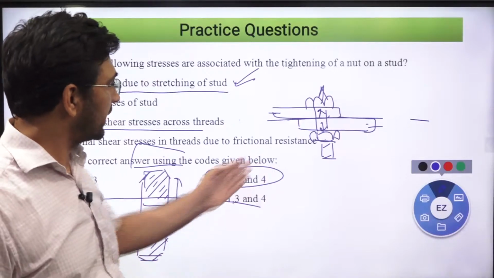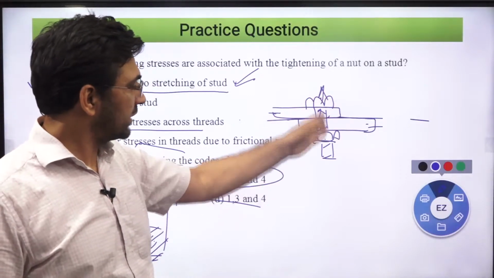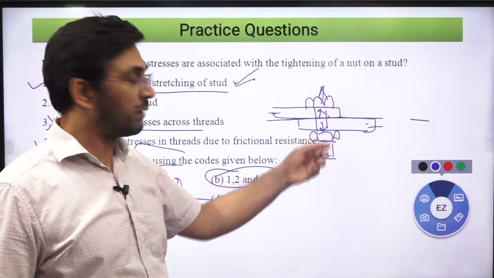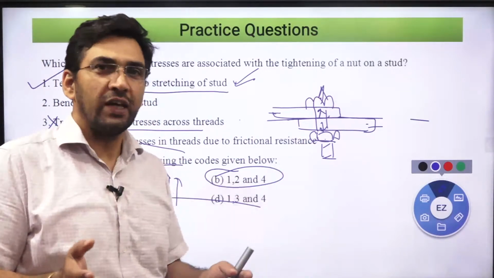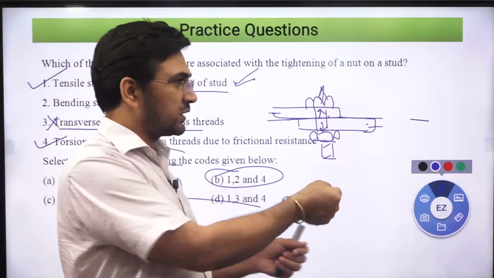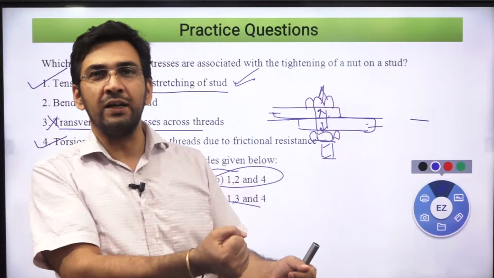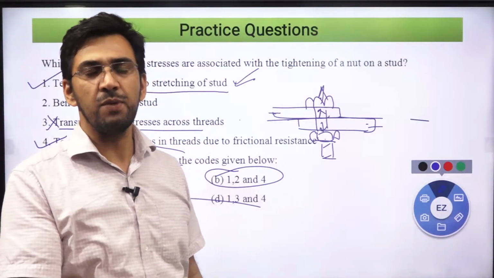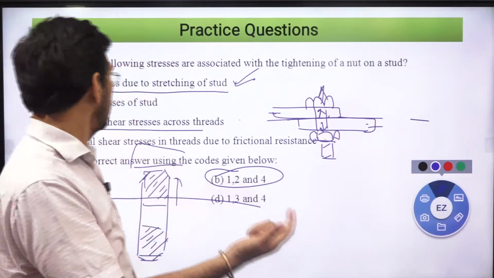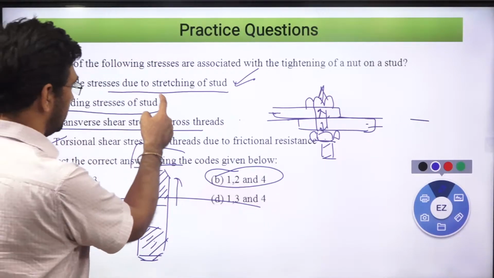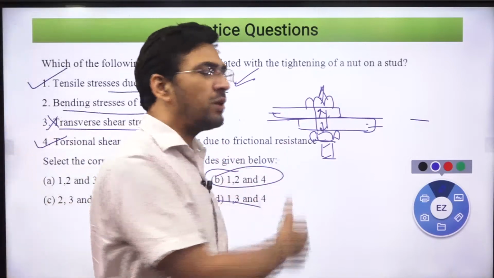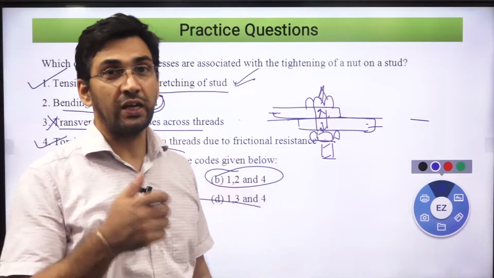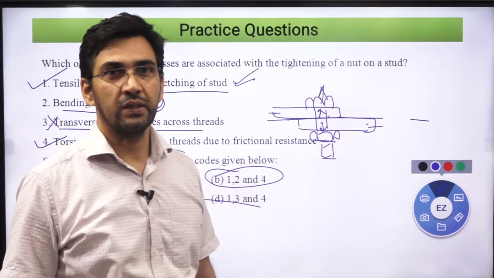Stud, only difference being that okay, you are having head. In this case also you say that I am tightening the nut, will it bend? Okay, you can say that bending possibility. Okay, if he has thought that way, that while you are tightening the nut because you have a spanner and you have tilted a little bit, so maybe it may bend a little bit. So I think that is what he may have thought. Otherwise, ideally the possibility of bending just by tightening of nut is not there.